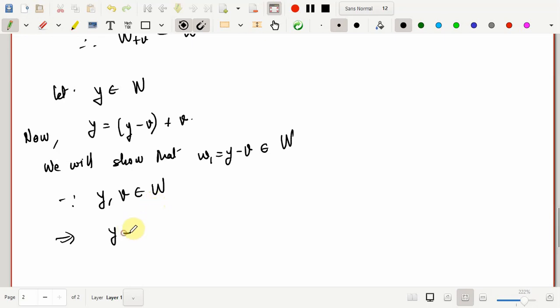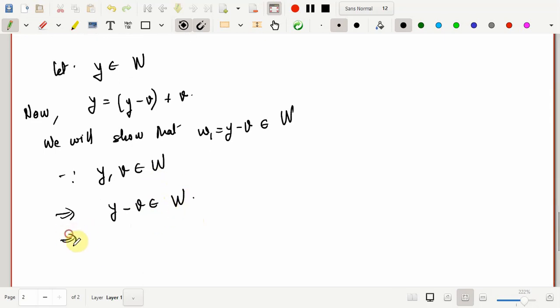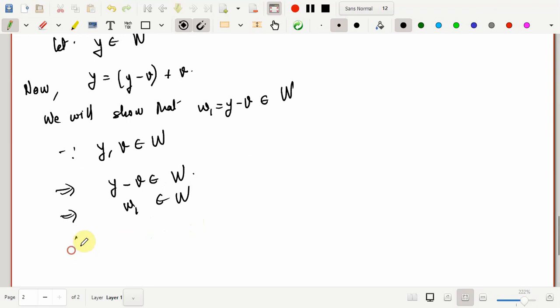So this implies that y minus v belongs to W, which implies that now w1 belongs to W, and therefore I can say that y, from star, which is the same as w1 plus v, since w1 belongs to W, this belongs to W plus v.